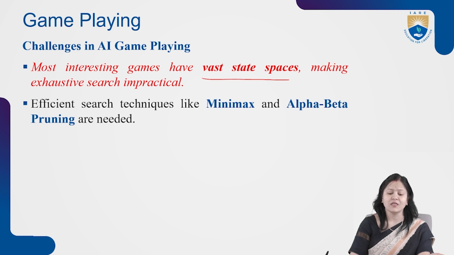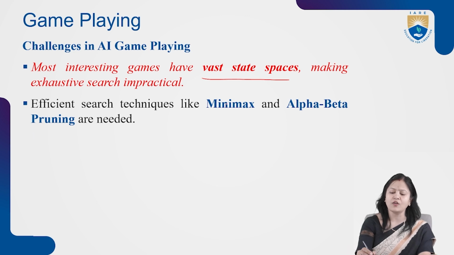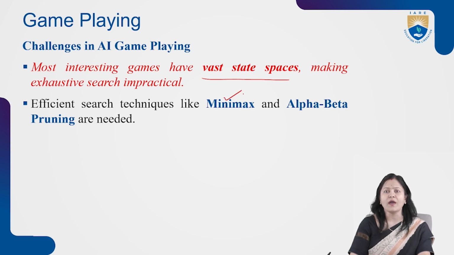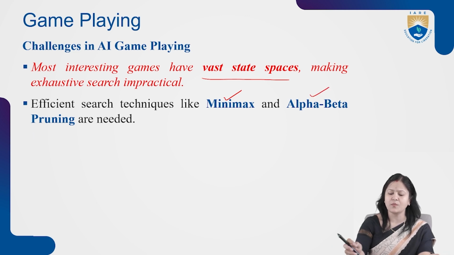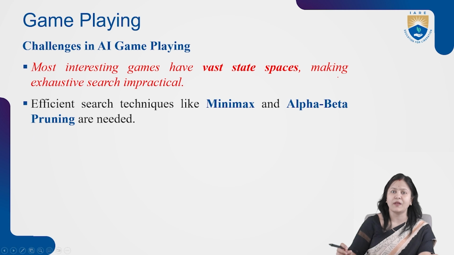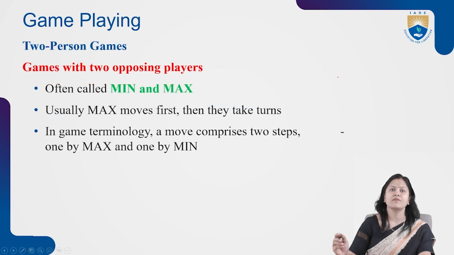In that case exhaustive search is impractical. So to make the search practical in game playing, we normally use the Minimax algorithm as well as the alpha beta pruning concept. These are the famous techniques in game playing.